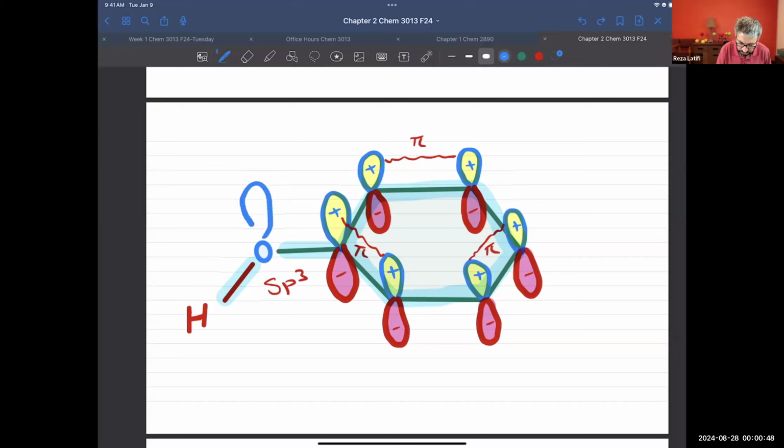I'm going to show it here, and let's give it a yellow color. Where is the second lone pair? The second lone pair will be at the back of the plane, and I'm going to show it in red color. We don't see it, it's far from us. So this one is up, that one is back.